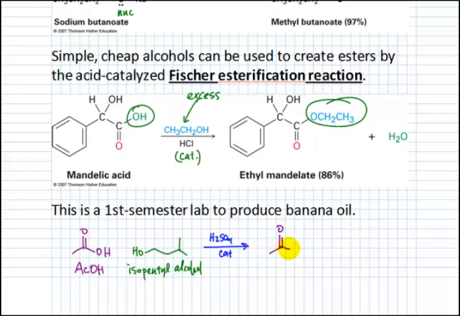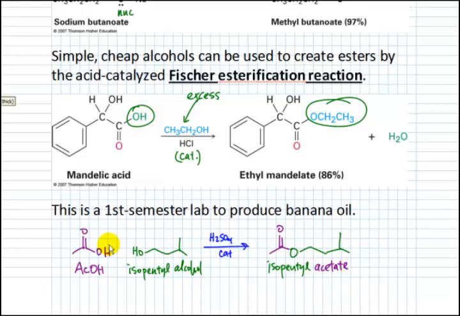So the acetyl group comes in from over there. It's actually the O of the alcohol that makes the new O of the ester. We'll see that in the mechanism here. So this is isopentyl acetate and water.